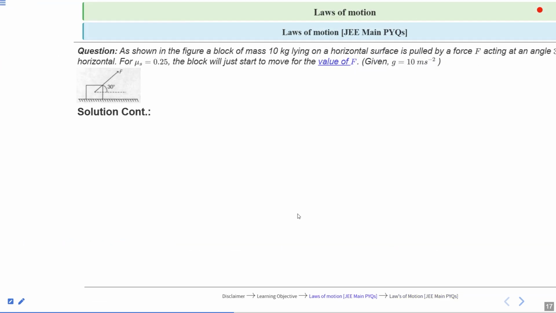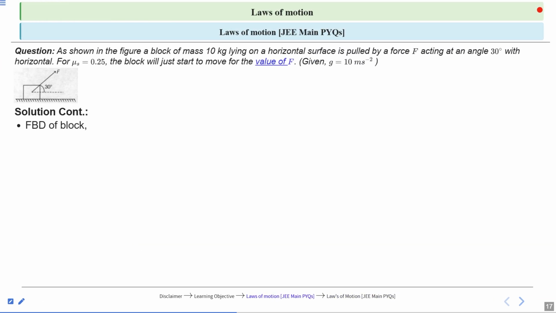Using the free body diagram of the block in the vertical direction, the forces acting upward are N plus F sin 30 degree, and this is equal to the weight of the block, that is mass into gravity.